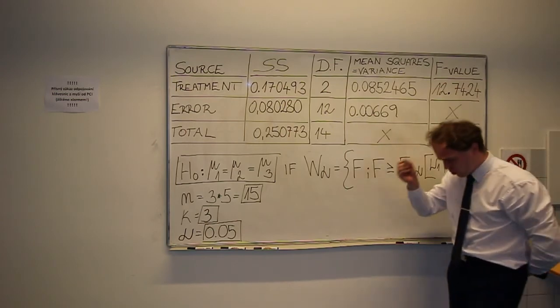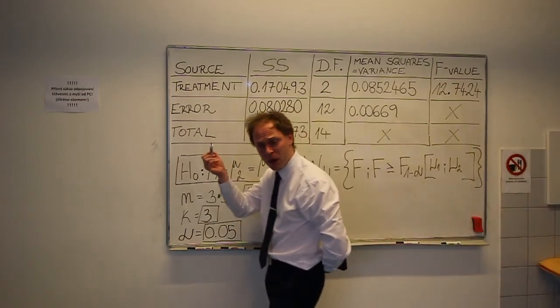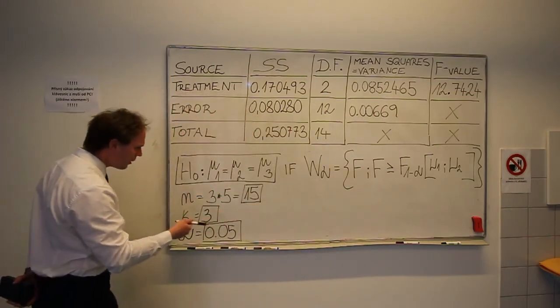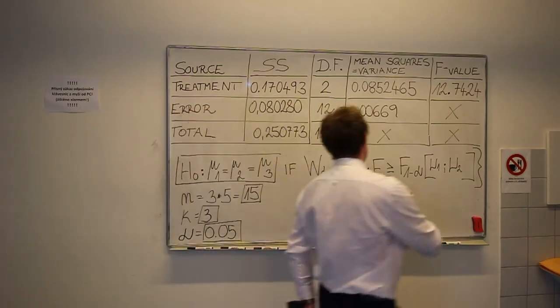Do you have your statistical tables with the Fisher F distribution? Are you able to find the critical quantile?